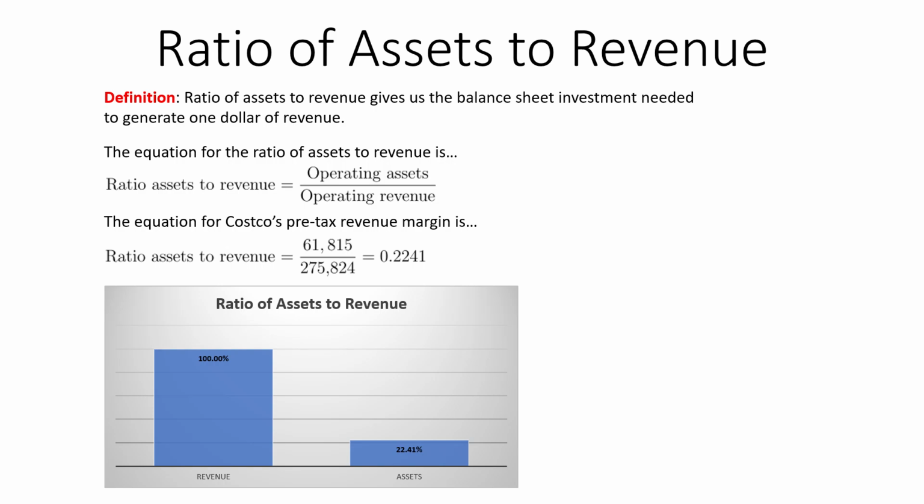When we calculate Costco's ratio of assets to revenue, we take Costco's operating assets, which is 61,815. Remember, this is in millions. And we take the operating revenue of 275,824. We divide those two and we get a ratio of assets to revenue of 0.2241. So what does that mean?